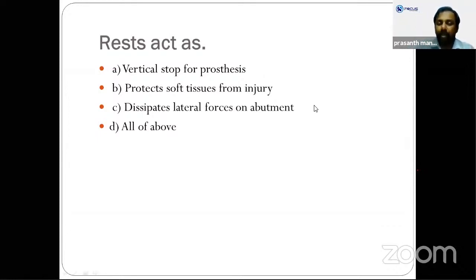So we know the primary function is to provide support. So vertical stop is there. Protects the soft tissue. Definitely, support means it protects the soft tissue. Dissipates the lateral forces. Yes, there is distribution of the occlusal forces along the abutment teeth. So rest has all these functions. Clear?